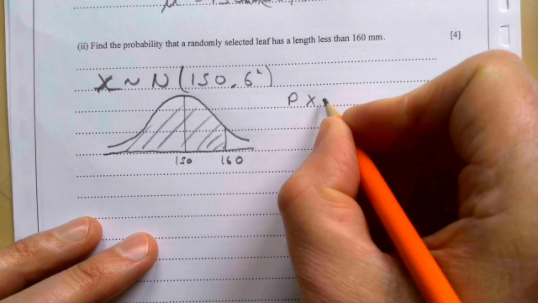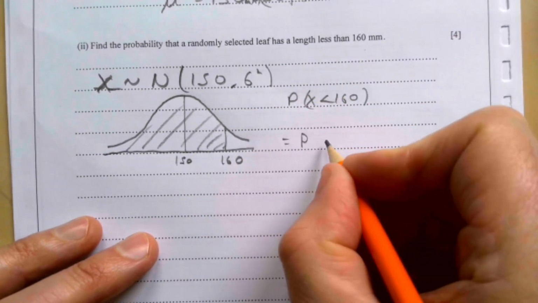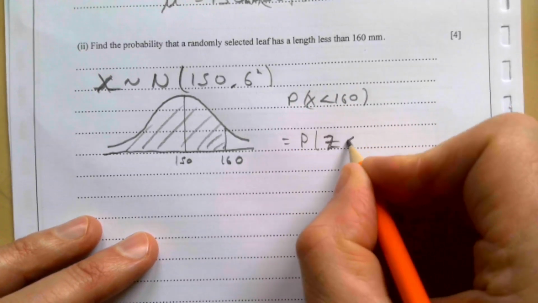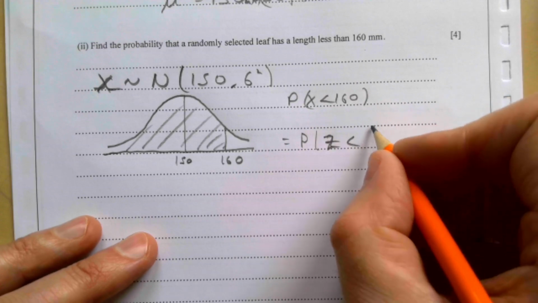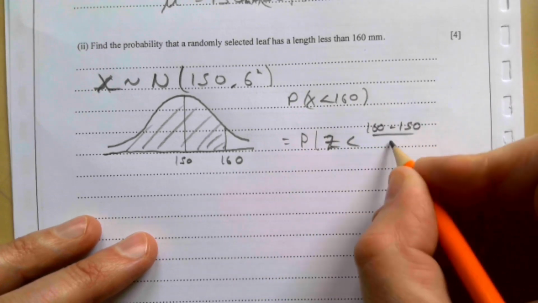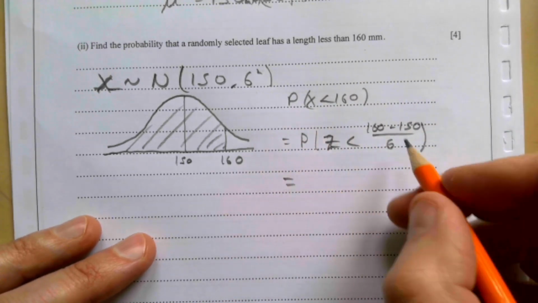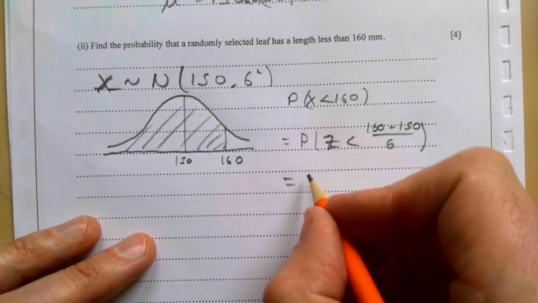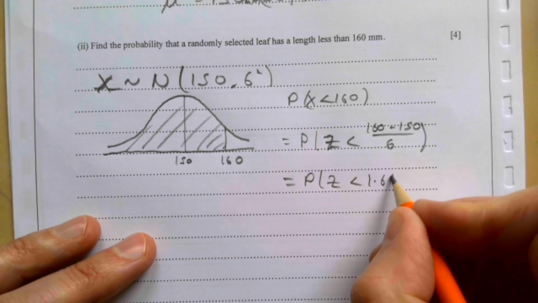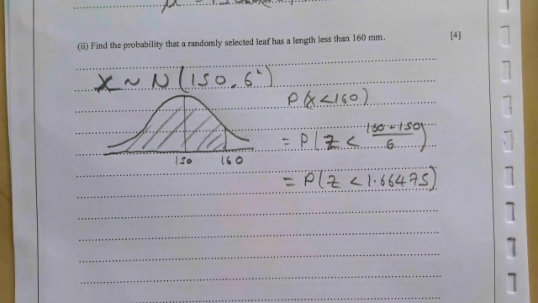Probability of X being less than 160 is equal to the probability of my z value being less than x minus mu, so 160 take away 150, all over 6. So that gives me a z value of 10 over 6, so 1.6645, I believe.